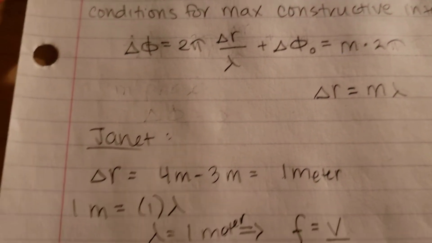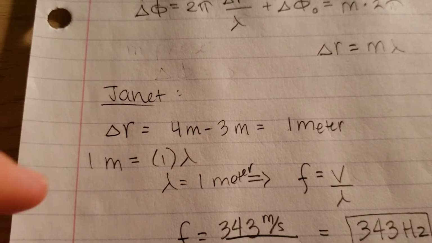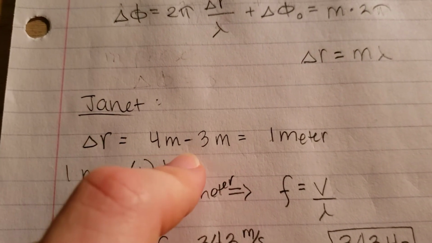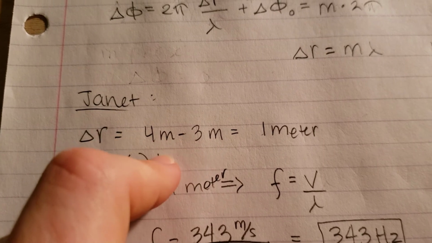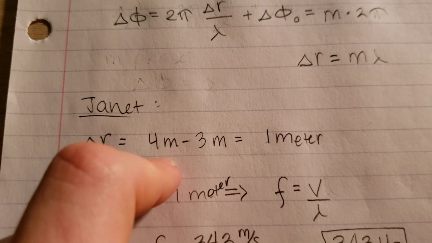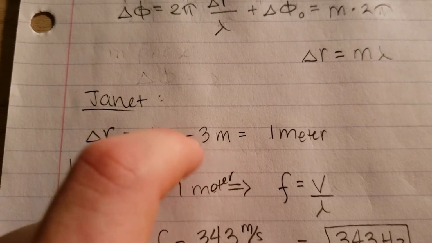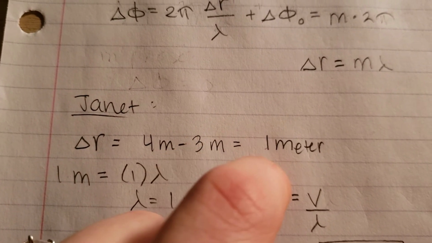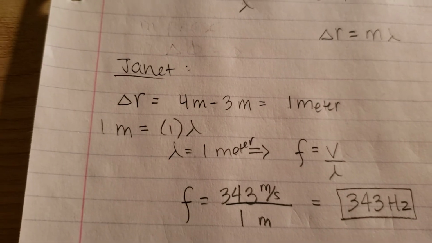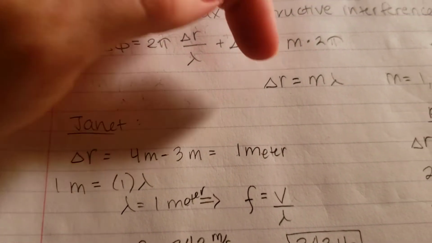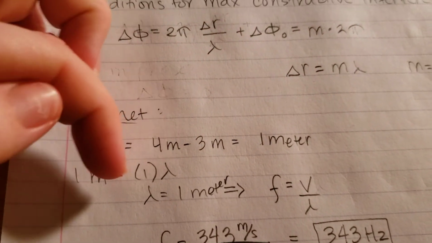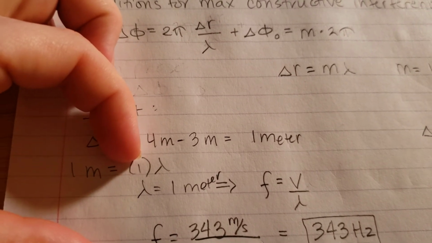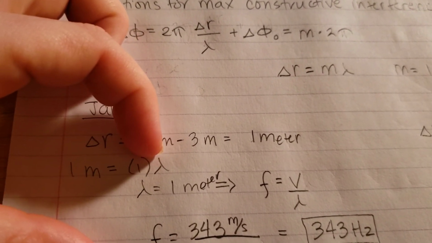To calculate the change in r for Janet, she's 4 meters from speaker B and 3 meters from speaker A, so the path difference for those speakers is 1 meter. We can set that 1 meter equal to m equals 1 times the wavelength, so the wavelength is 1 meter.